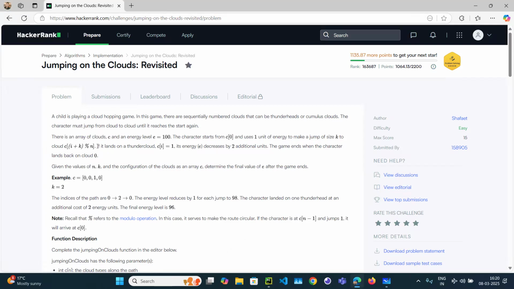They mention that if the character lands on a thundercloud, that is where C of I is equal to 1, then we need to reduce the energy by 2 additional units.